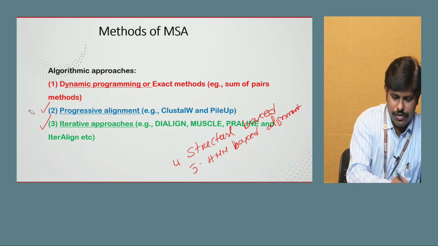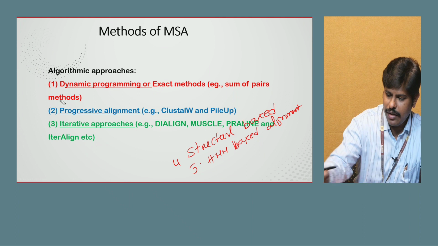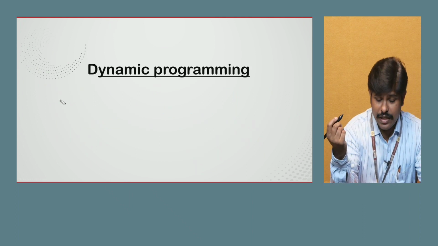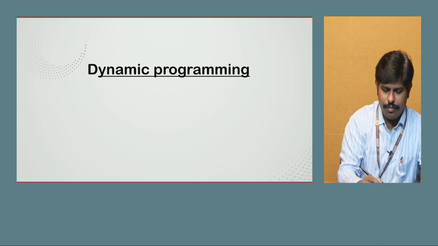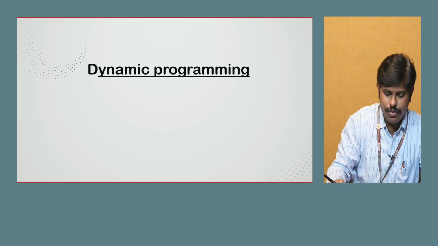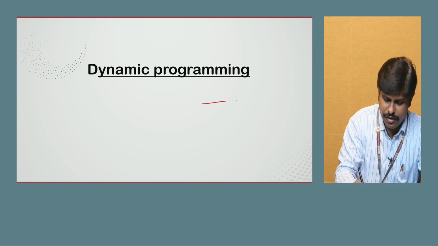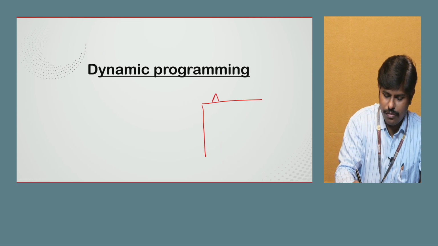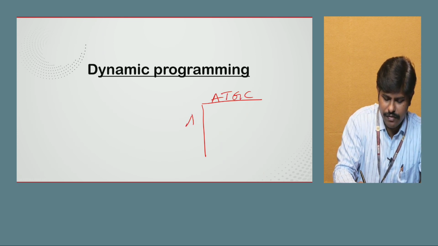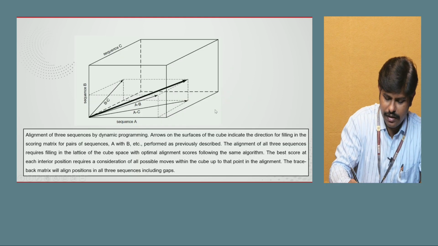First, we start with dynamic programming. In pairwise sequence alignment, dynamic programming is something like this. We take two sequences, one on the horizontal axis and another on the vertical axis.